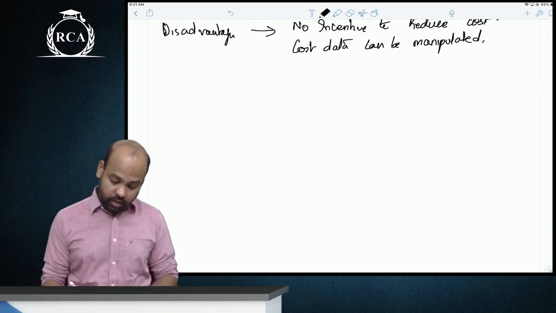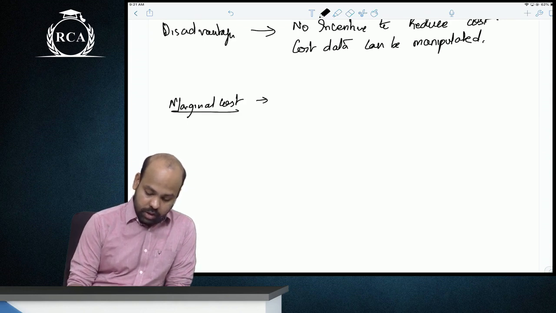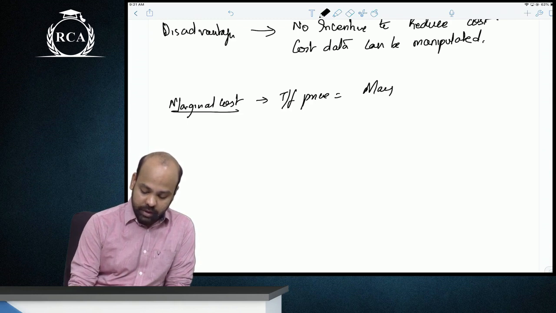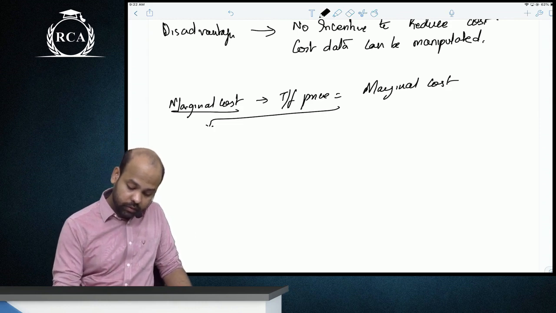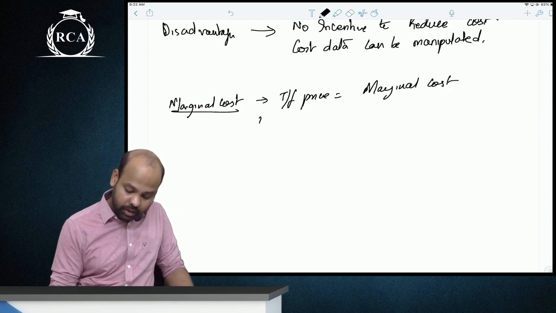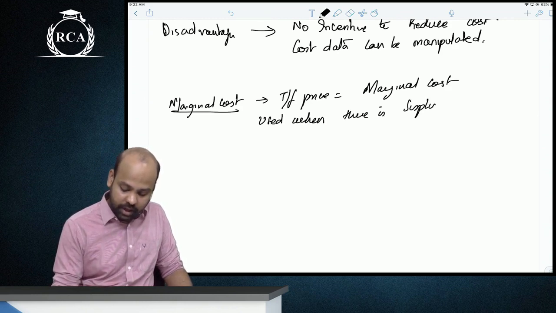Yes, sir. Under this, beta, marginal cost. Transfer price is equal to marginal cost, that is incremental cost incurred. First thing, beta, remember, used when there is surplus or excess or idle capacity.